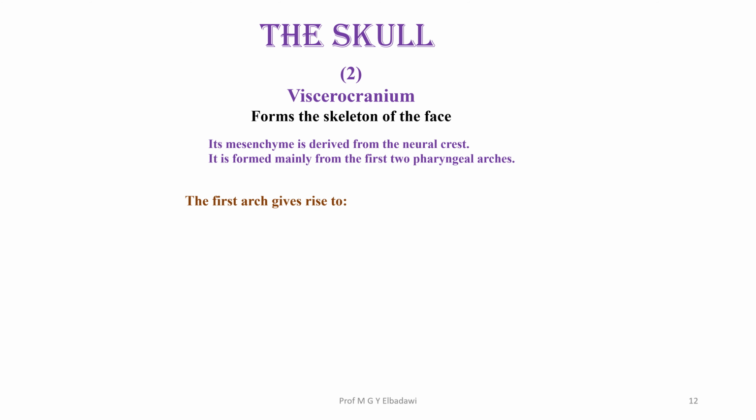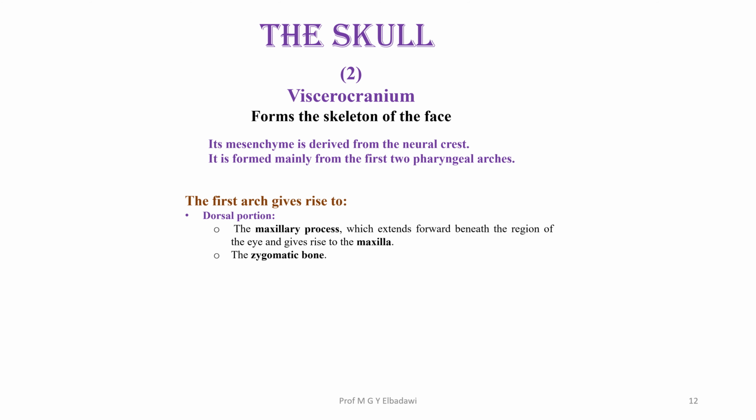The dorsal portion of the first arch will give rise to the maxillary process, which extends forwards beneath the region of the eye and gives rise to the maxilla, the zygomatic bone, and part of the temporal bone. These are the three parts which develop from the dorsal part of the first arch.